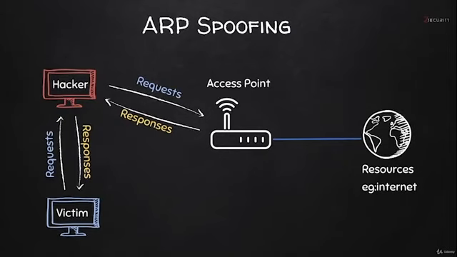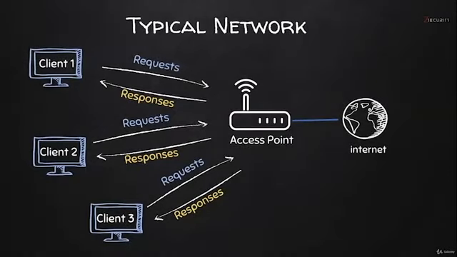So let's go back to the first diagram that we learned in this course. When we were talking about how networks work in general, we said the only device that has access to the internet is the access point, and whenever a client wants to access something, they send the request to the access point, it goes to the internet, gets the response, and sends it back to the client.